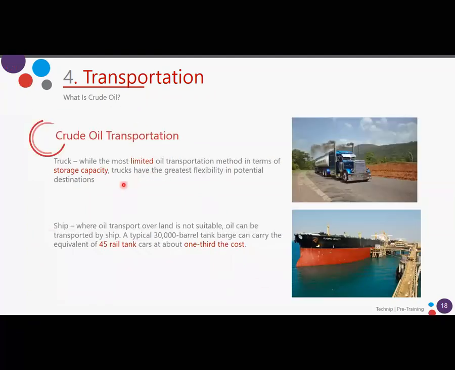Also, we can transport the crude oil by truck, but this is limited by the storage capacity. But they also have great flexibility in reaching all the destinations. But of course, the cheapest way to transport the crude oil is by ship, where you can transport very big amounts of crude oil.